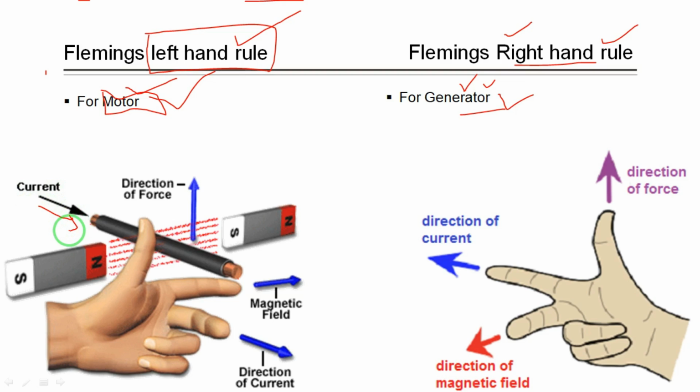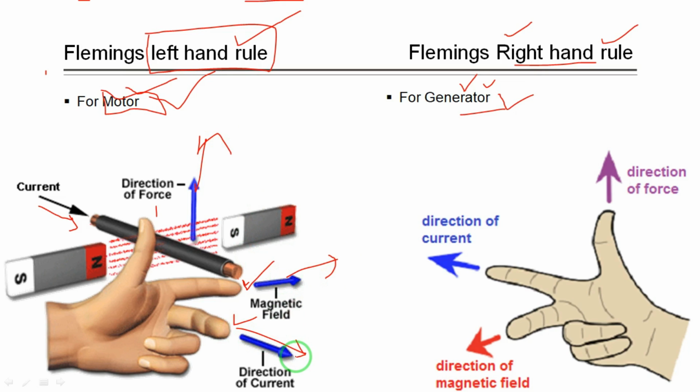Stretch the first three fingers: thumb, forefinger and middle finger, each at 90 degrees to the others. Thumb indicates the direction of force, forefinger indicates the magnetic flux direction, and middle finger indicates the current direction.